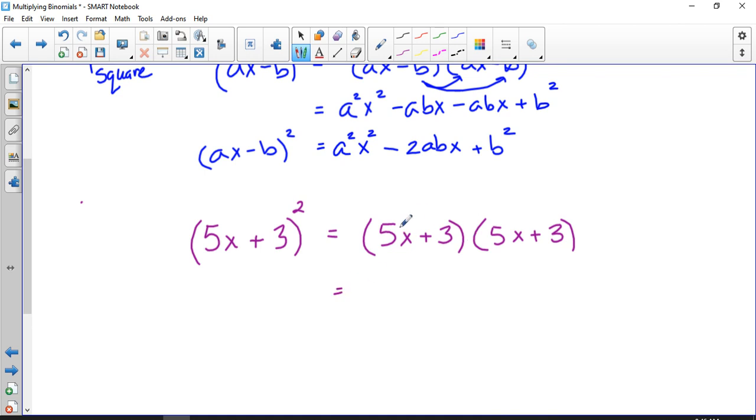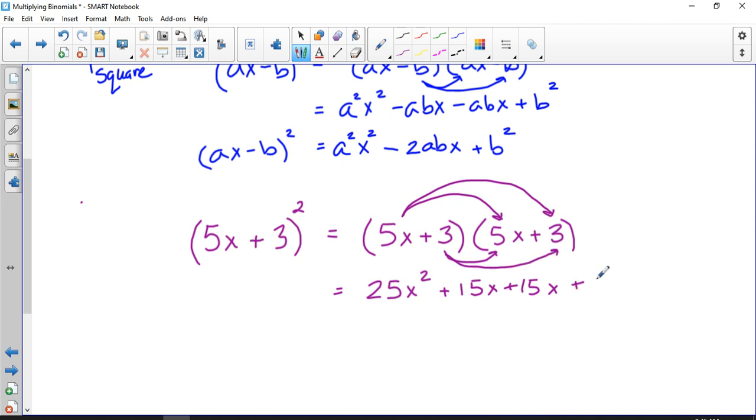Let's use FOIL here. 5x times 5x is 25x squared. 5x times 3 is positive 15x. 3 times 5x is positive 15x. And 3 times 3 is positive 9. So 25x squared, 15x plus 15x is 30x, and then positive 9.